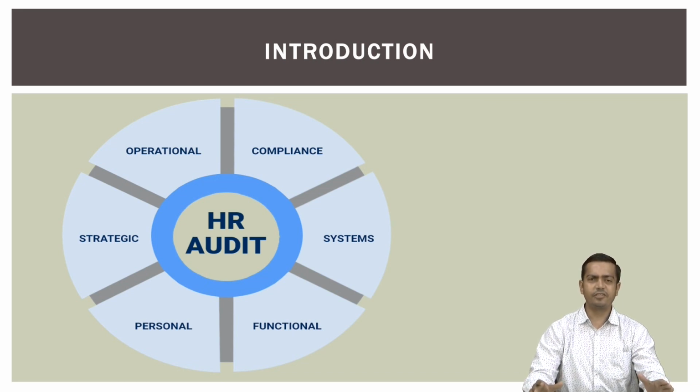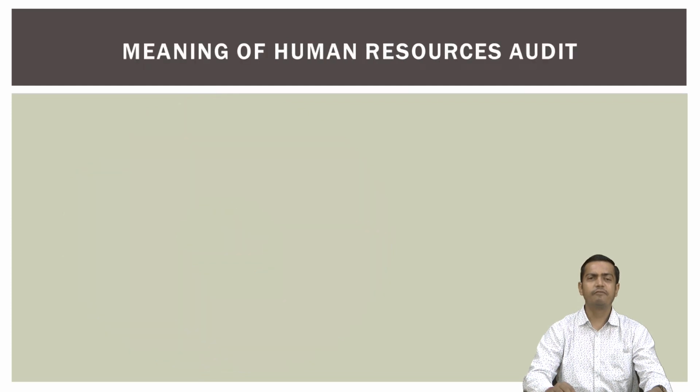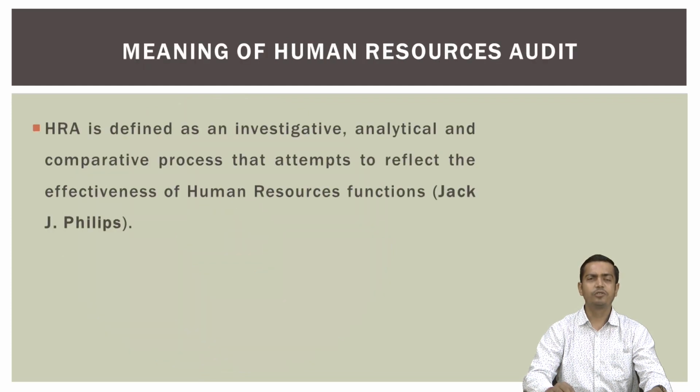So in a nutshell, when we talk about HR audit, it could start from compliance, go through personal, functional or strategic, and end up at operational. These are the 6 different types of aspects covered under the banner of human resources audit. Let's check what the famous social scientist says.